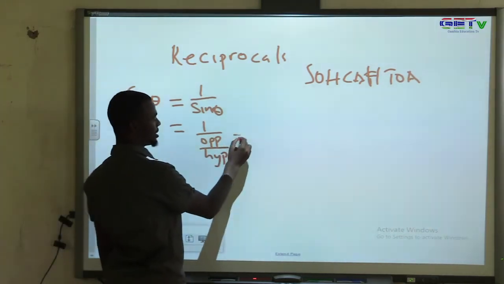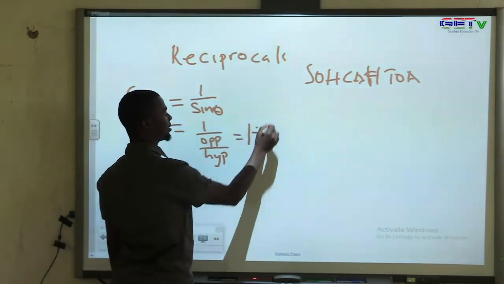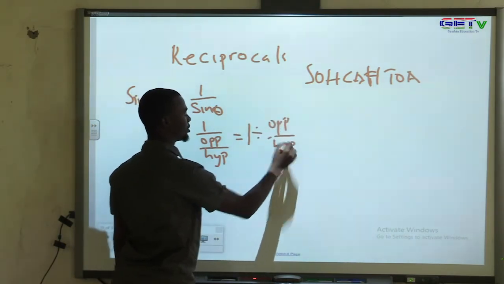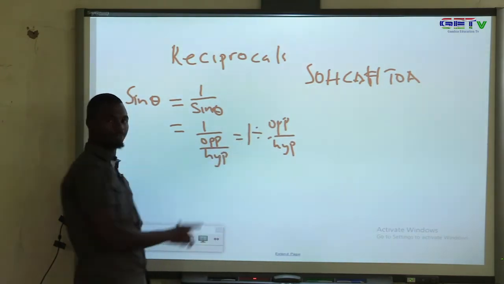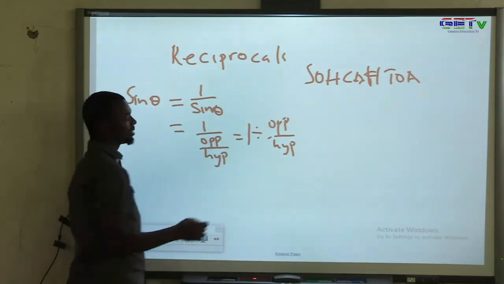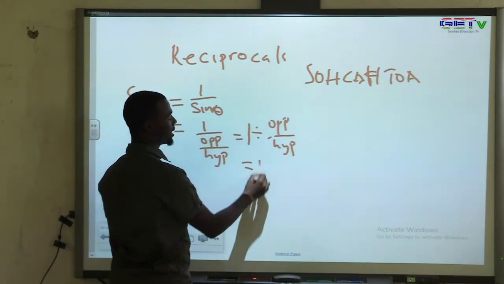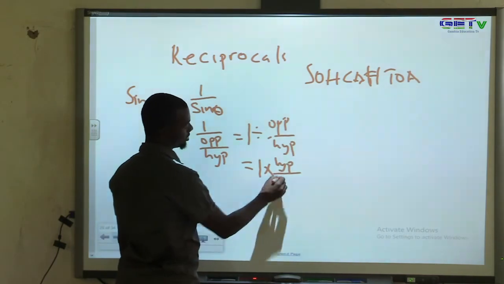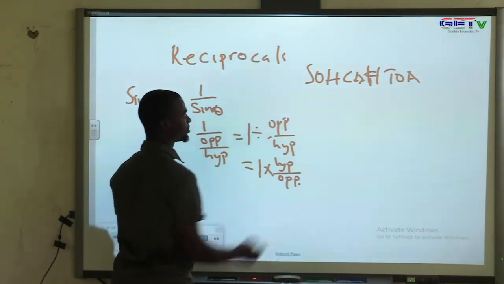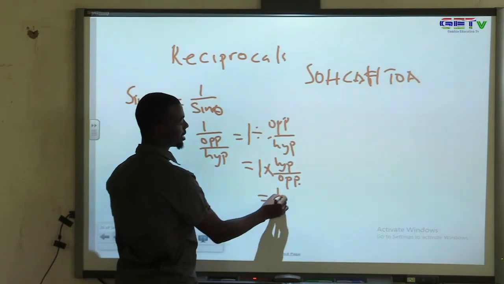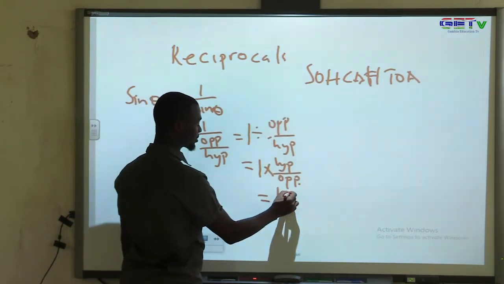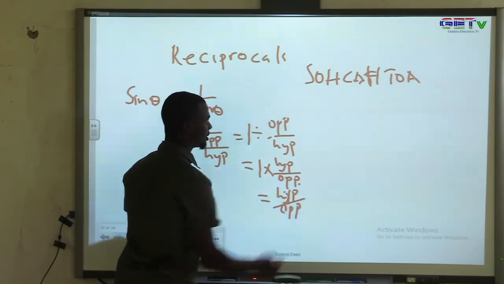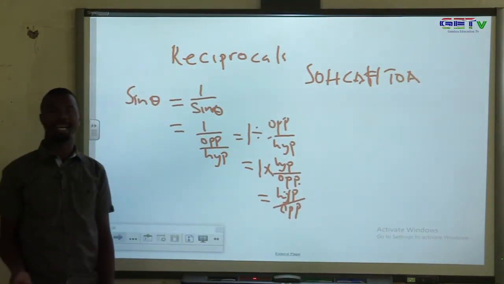This is the same as 1 divided by opposite over hypotenuse. So we change division to multiplication and inverse the fraction. This will be 1 times hypotenuse over opposite. So the reciprocal will be hypotenuse all over the opposite.